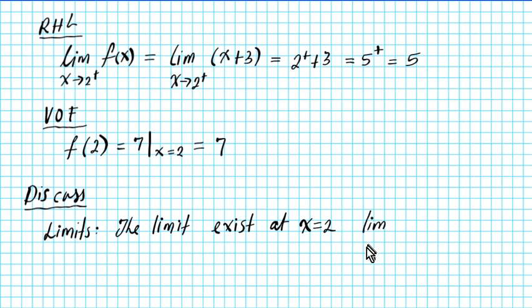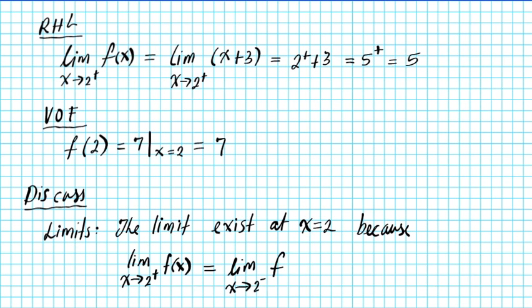Well, it's because the limit as x approaches 2 from the left of the function is equal to the limit as x approaches 2 from the right.